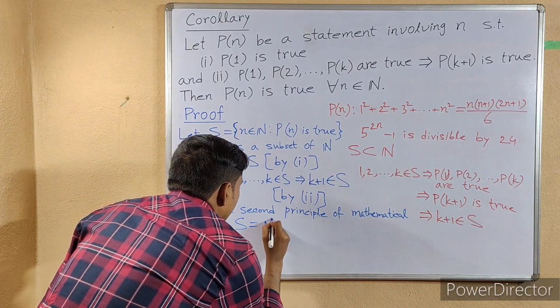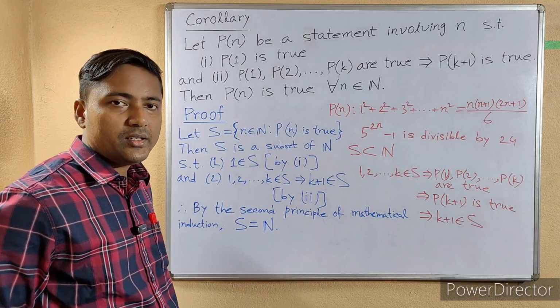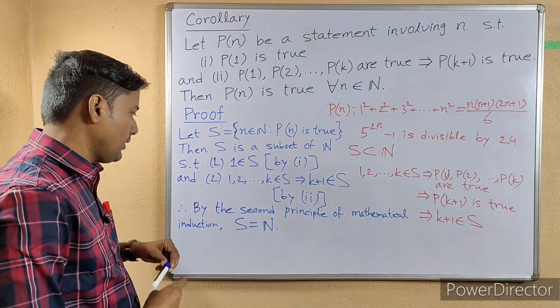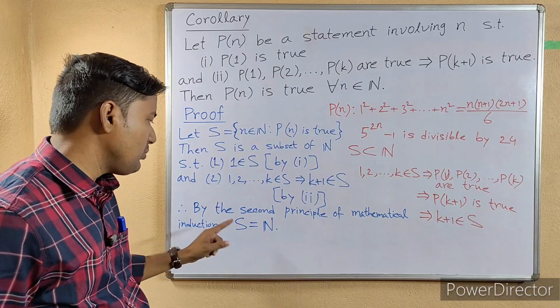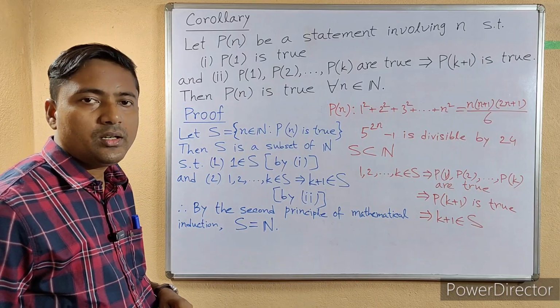S equal to N. Okay, now n belongs to N implies n belongs to S, because we have S equal to N.